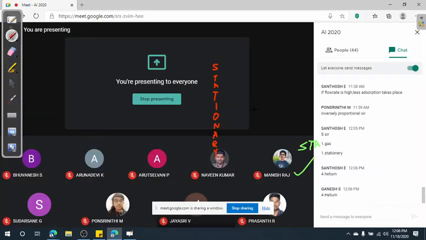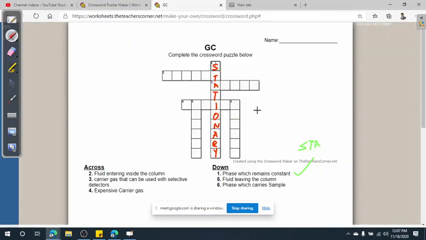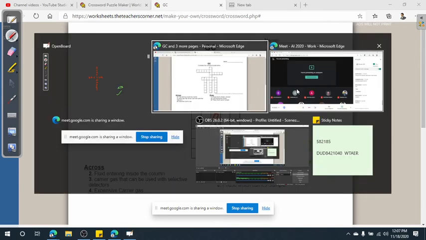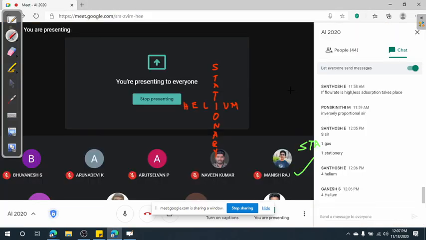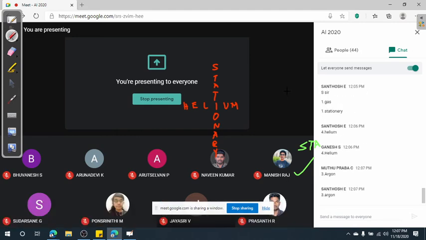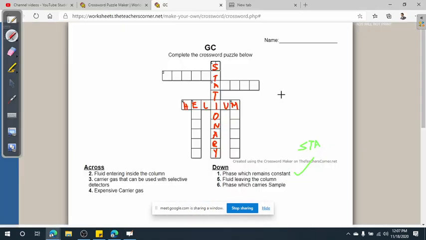Four is helium. Ganesh is also giving four is helium. Correct answer. Some more answers. Three is argon, Muthuprabha and Sandosh. Good, three is argon is also correct.